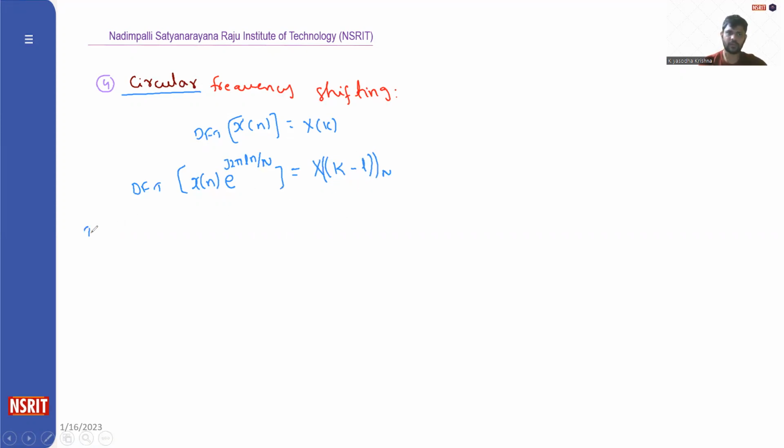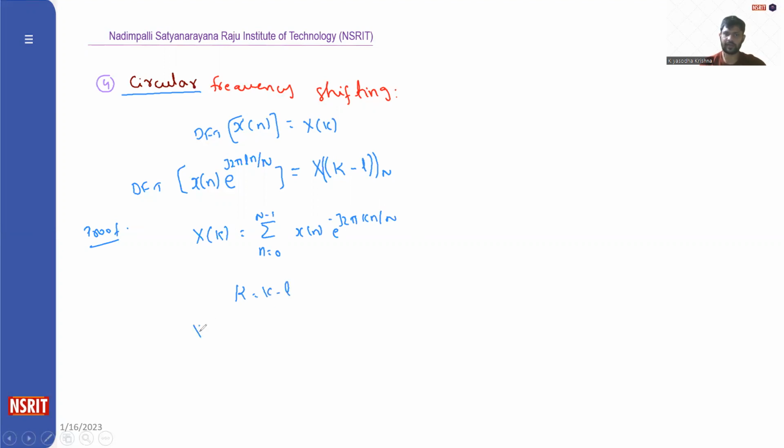Now let's come to the proof. We know X of k is equal to summation n equal to 0 to N minus 1 of x of n e to the power of minus j 2 pi k n by N. This is the formula, we know that. Now replace k with k minus l.